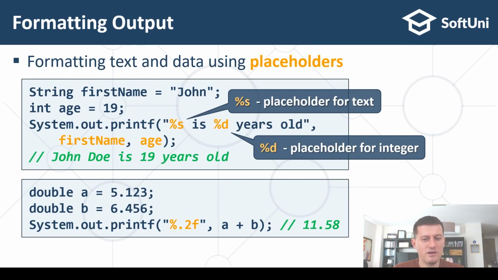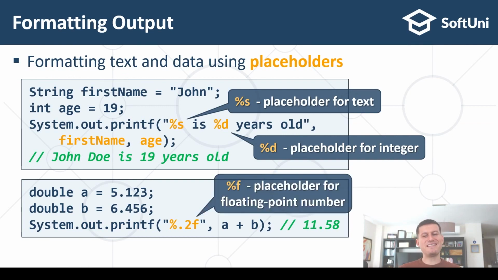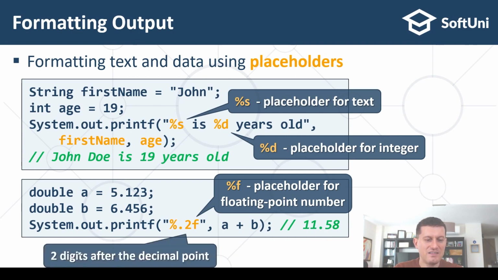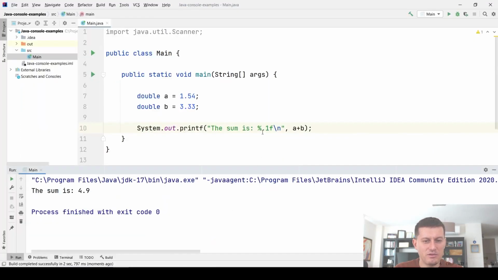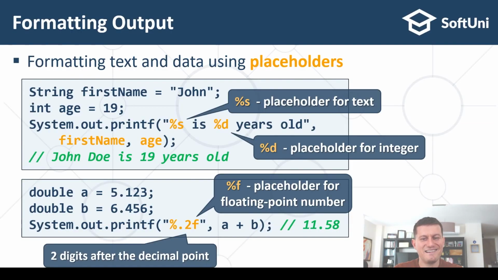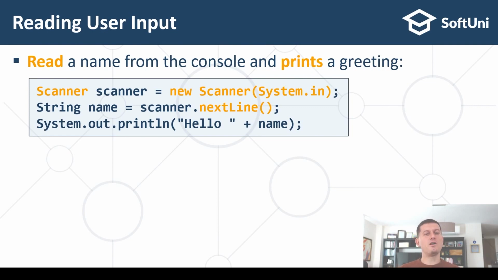This is how this works. So %f is a placeholder for a floating point number, and in this example the output will be 11.58, and %.2f means 2 digits after the decimal point. We can have even 20, and it will work like this if we have more digits after the decimal separator. So let's go ahead.